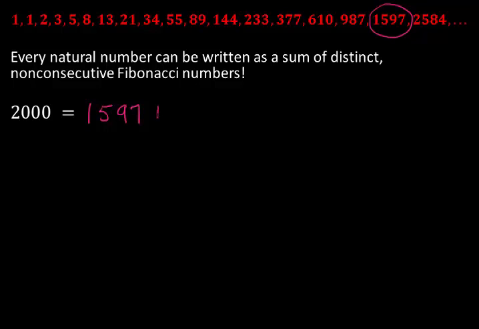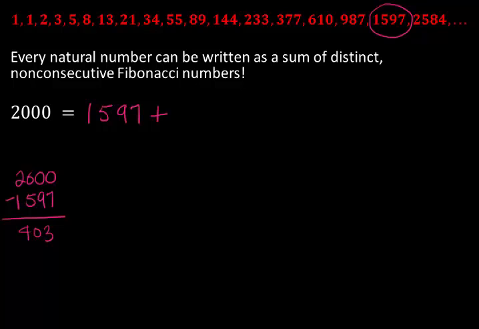So I want to write plus, and I want to get other non-consecutive Fibonaccis whose sum will be 2,000. So I'm going to take 2,000 over here, scratch work here, and subtract 1597. Just use your calculator, you get 403. Okay, so 2,000 is 1597 plus 403.